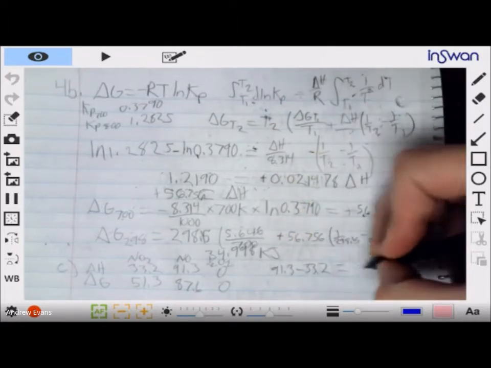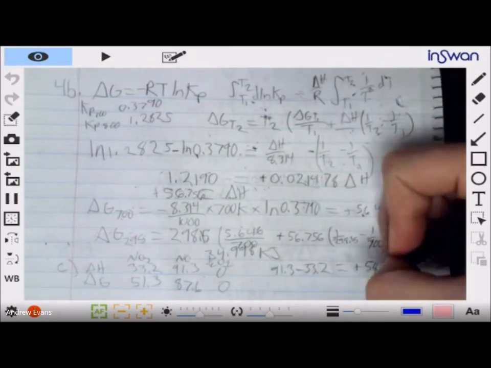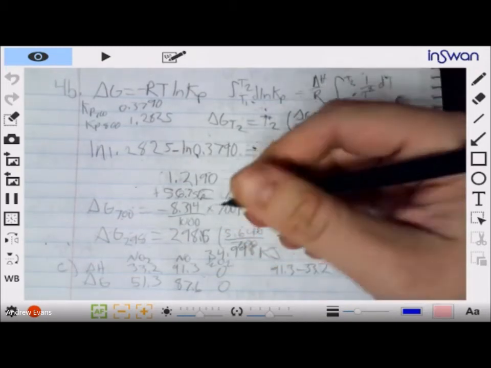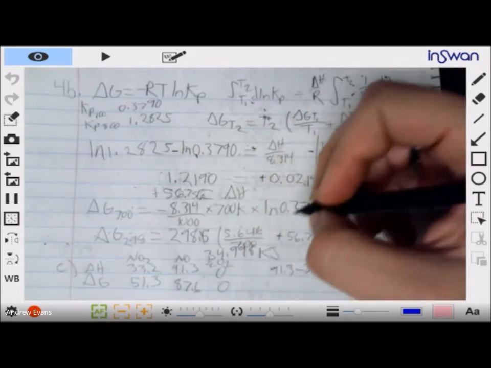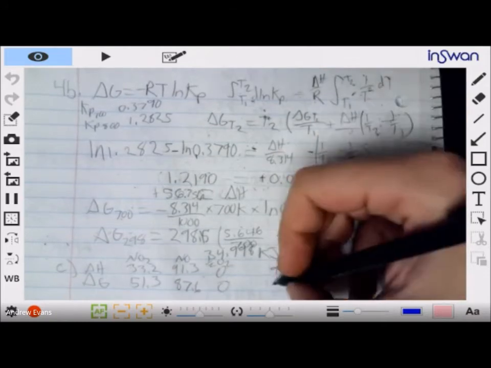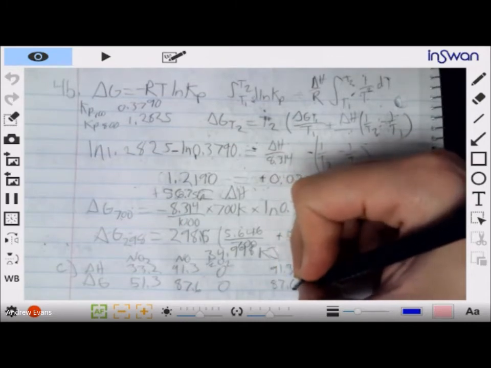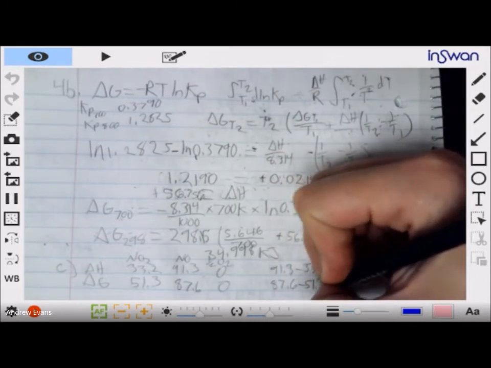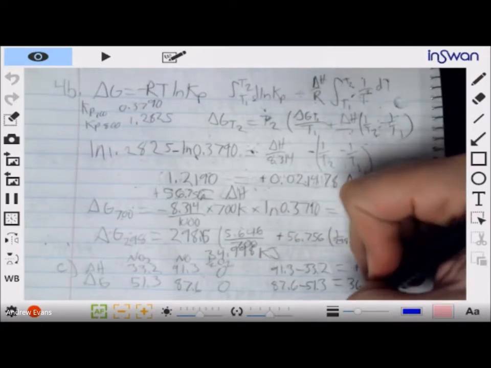What's our enthalpy? Positive 58.1. Relatively close to our 56.76, or 56.8. Add our Gibbs at 298. It's going to be 87.6 minus 51.3, or 36.3.